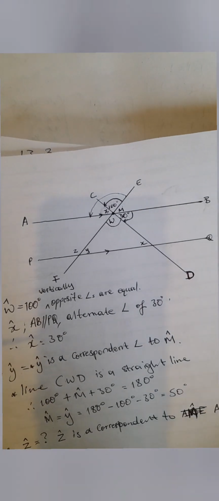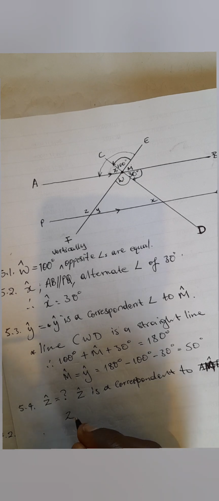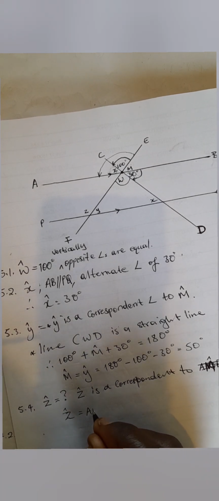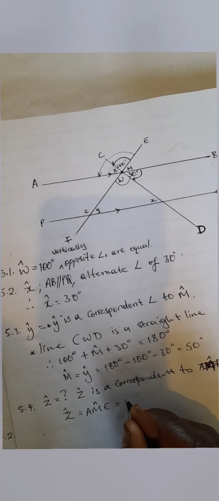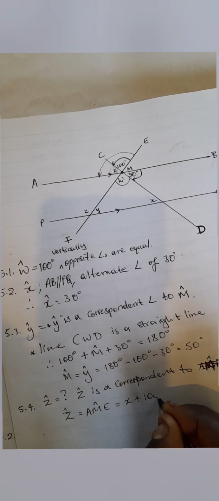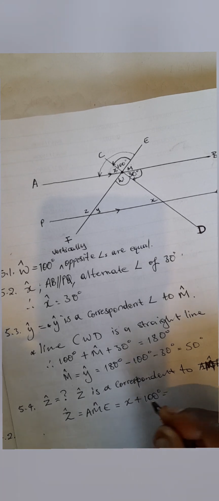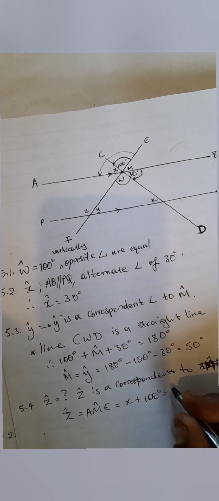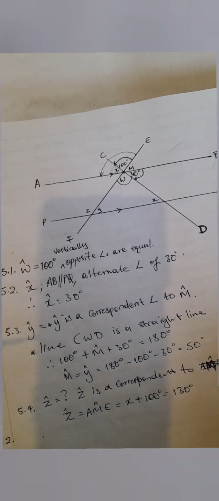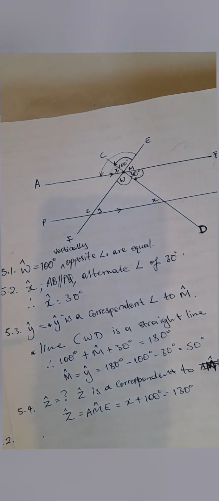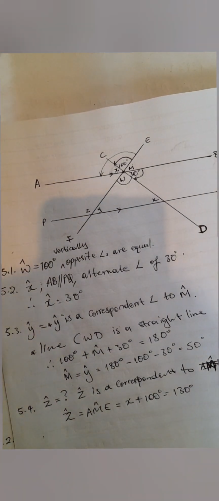Okay, so Z is AME, which is x plus 100 degrees, and x was found to be 30, so this is 130 degrees for 2 marks. Let's move on.